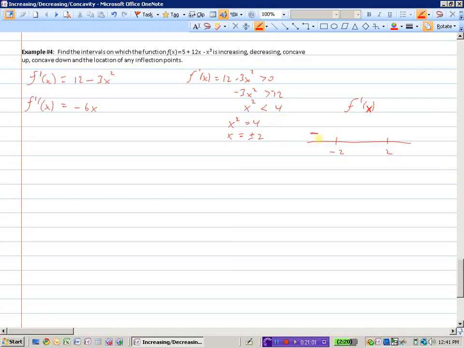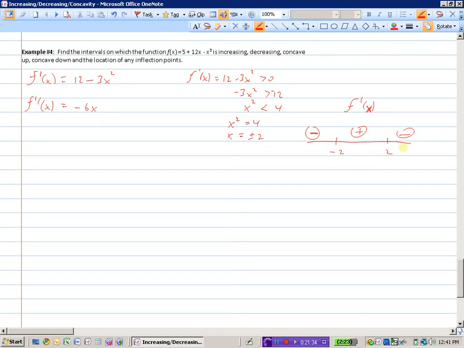Or you could test the point in the derivative: negative 5 squared is 25, 25 times 3 is 75, and 12 minus 75 is a negative number. Then I'm going to test 0. Putting in 0 for x gives me 12 minus 0, which is positive. And testing another point in here, such as 10, would give us back a negative number when we evaluate the first derivative.